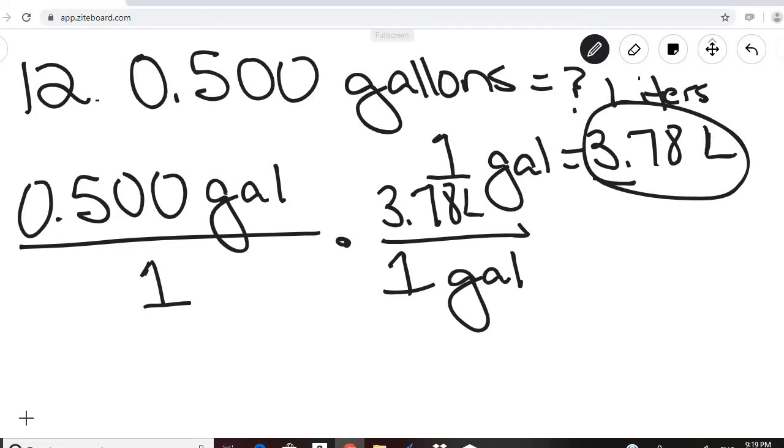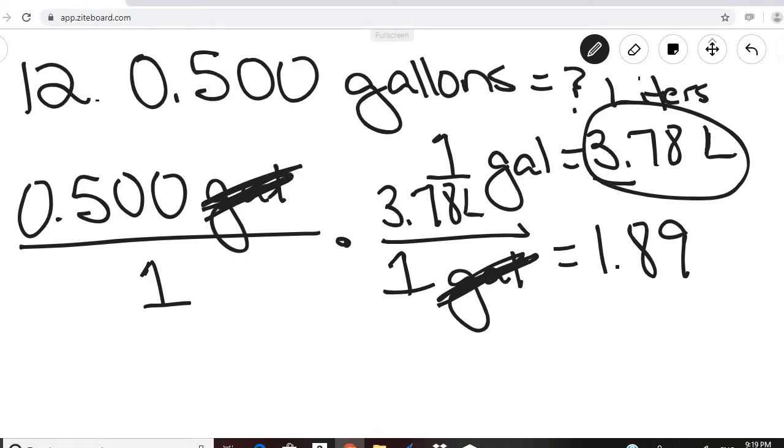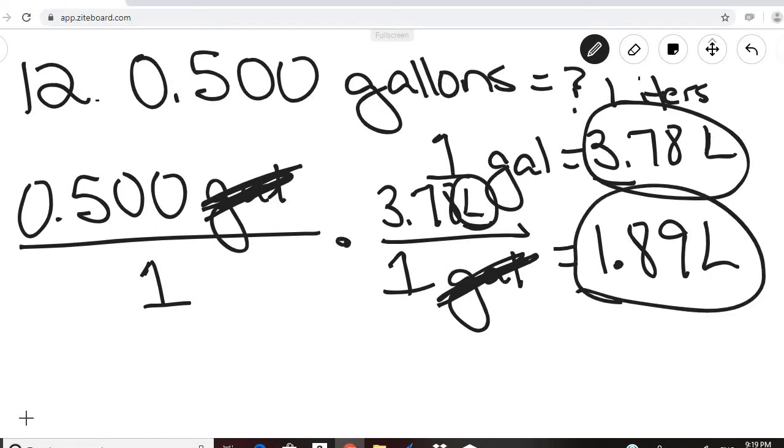So 0.500 times 3.78 is equal to 1.89, and you have a gallon on top and a gallon on bottom, so those are going to cancel and you're left with liters. So our units are 1.89 liters, and that is the answer for number 12.